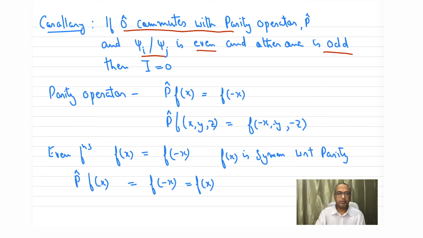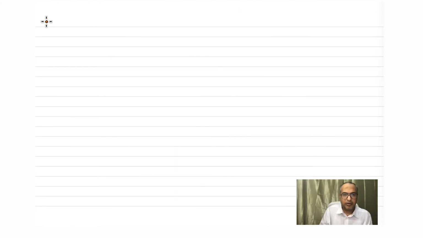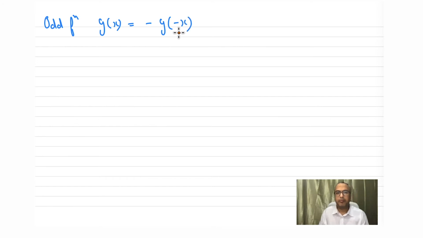Now let's see what happens if we apply parity on an odd function. So let us consider an odd function g(x). The definition of an odd function tells you that g(x) is equal to negative of g(-x), right?